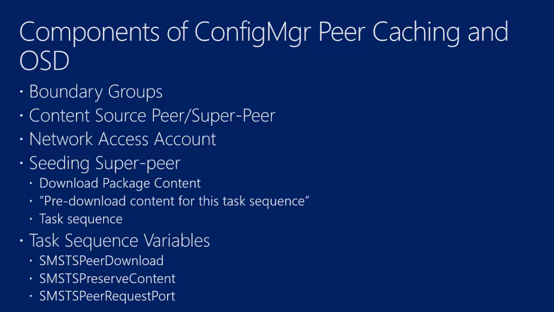It is absolutely not a requirement to set the pre-download option in order for peer cache to work, but it can be very useful in seeding the super peer. Let me say here too, the pre-download option is awesome that we have that now, but this is something customers have grappled with in task sequencing and imaging for a long time.